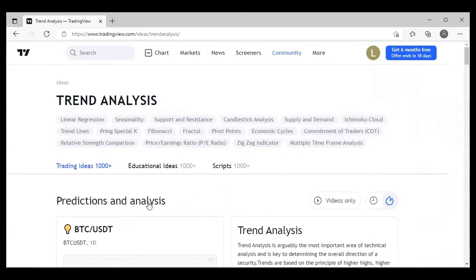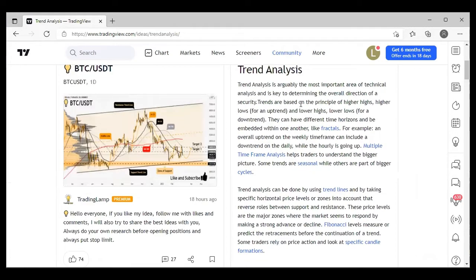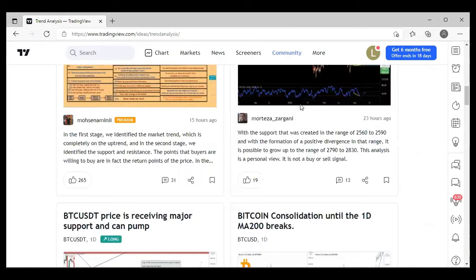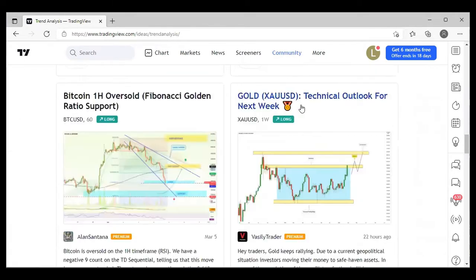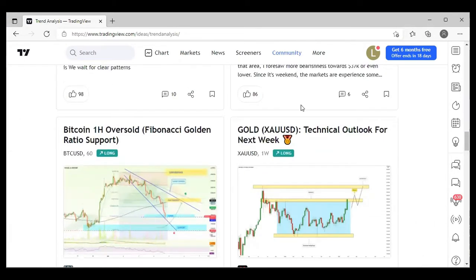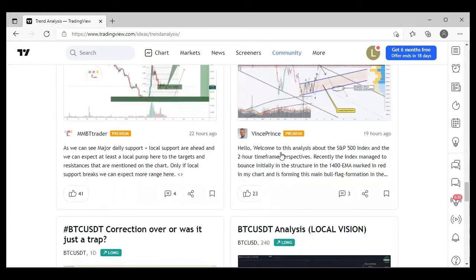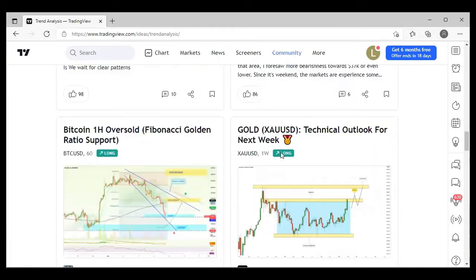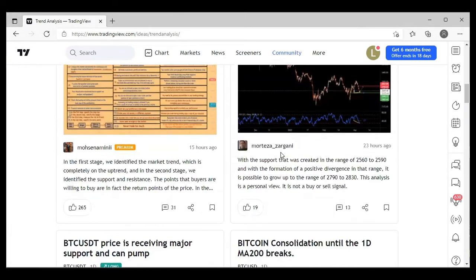In trend analysis, basically you're looking at people who have posted their trend analysis on different assets. We're seeing there's a lot of Bitcoin, gold, and so on. So this is a wealth of information from other traders within the community. So you can learn more.